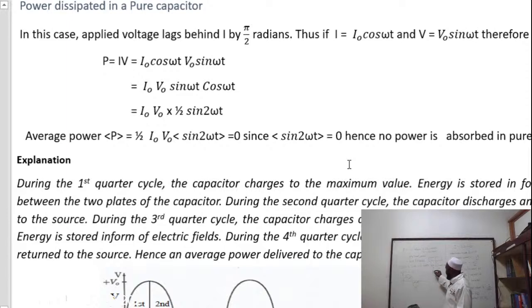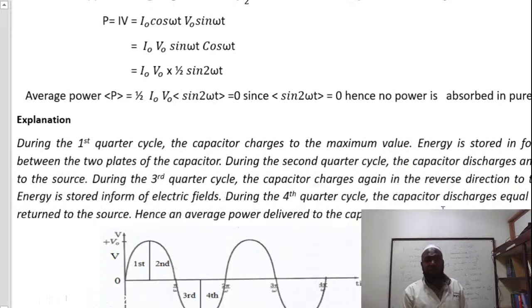The capacitor discharges and energy is taken back to the source. So you can now realize that in all the half cycles, energy is stored and then energy is released. So the average energy stored by the capacitor is going to be 0. That's why in our calculation we noted that the power in the capacitor is 0, and the explanation is that.